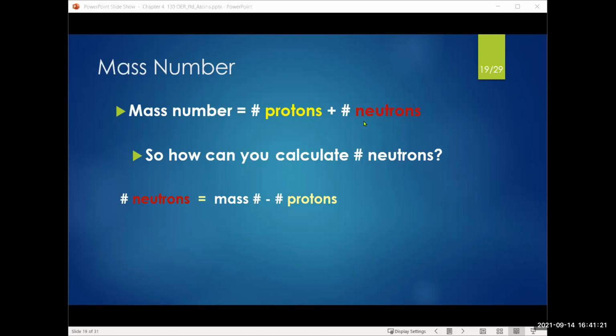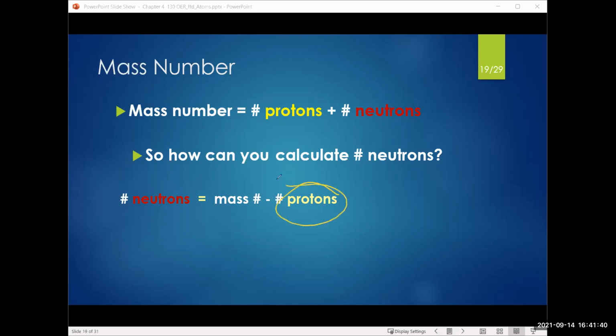Let's rearrange it to say that the neutrons is equal to the mass number minus the number of protons.